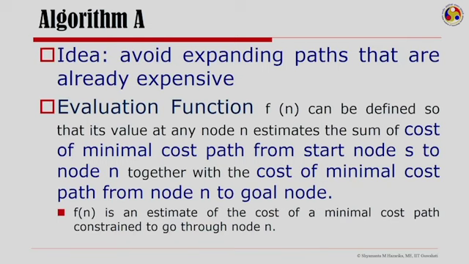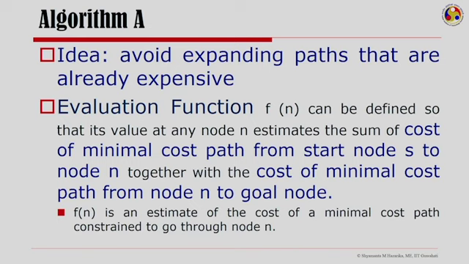Algorithm A is about avoiding expanding paths that are already expensive, and here the evaluation function can be defined so that its value at any node estimates the cost of the minimal cost path from the start node S to the node N, and together with it the cost of the minimal cost path from the node to the goal.